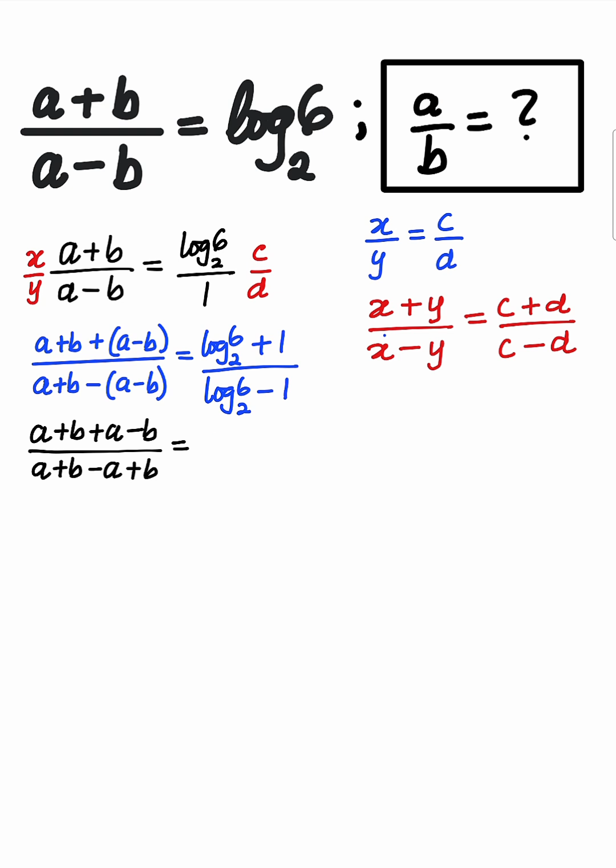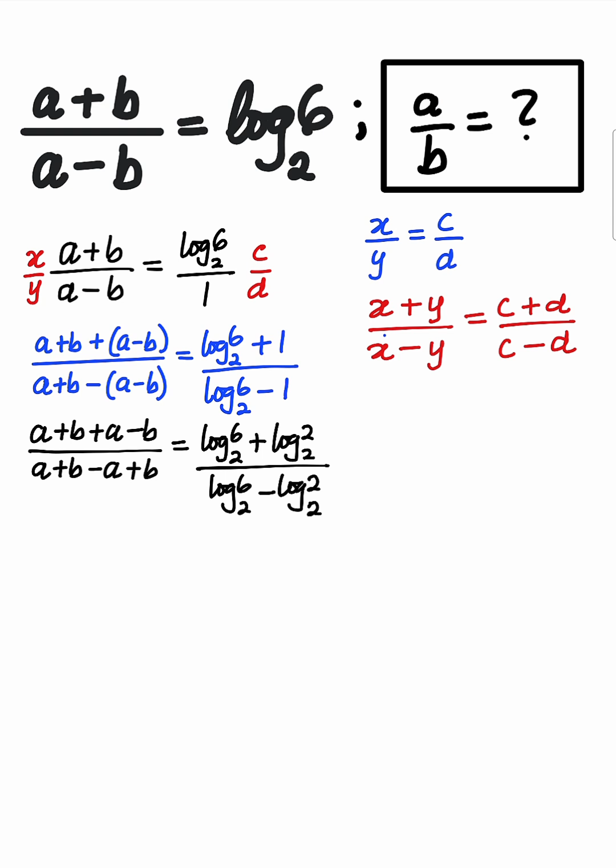According to the law of logarithm, log a base a is 1. So there we have log 6 base 2 plus log 2 base 2, all over log 6 base 2 minus log 2 base 2.